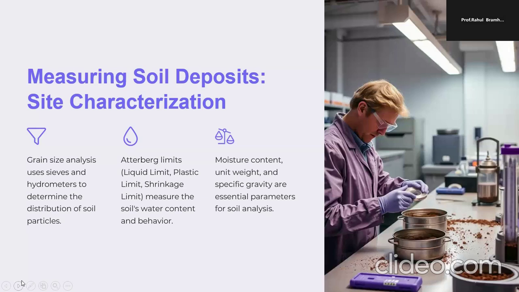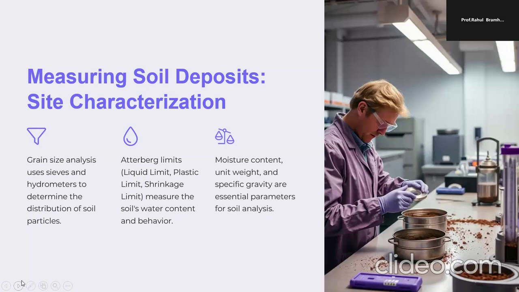These are the properties by which soil is measured, in these three types. First is grain size analysis. Second is the water content and behavior of soil. Then in the next test we find the moisture content, unit weight, and specific gravity of soil.